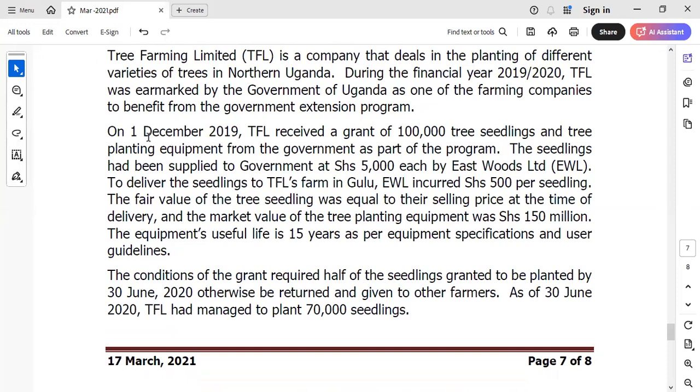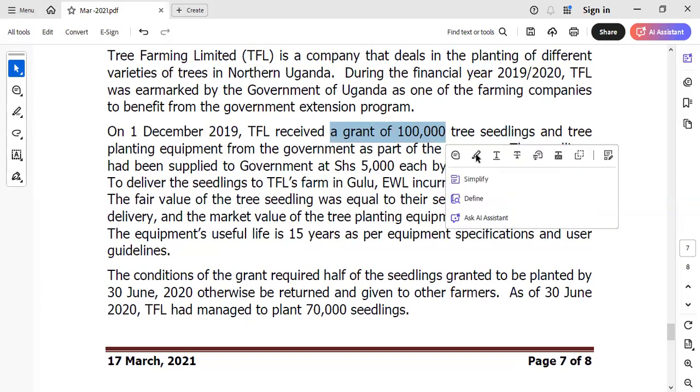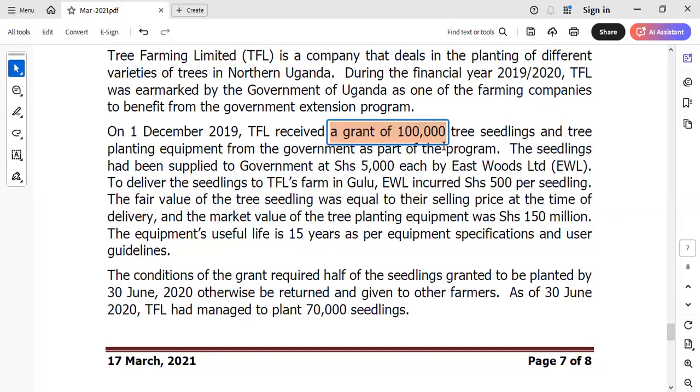On 1st December 2019, TFL received a grant of 100,000 tree seedlings and tree planting equipment. So here you have two things: tree seedlings and tree planting equipment from government as part of the program.